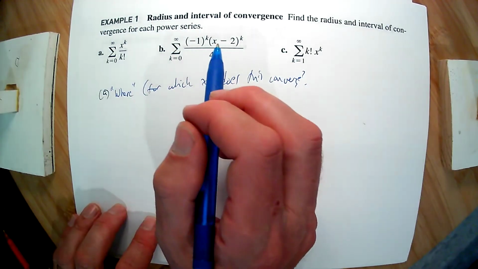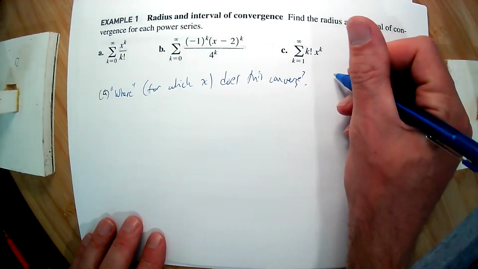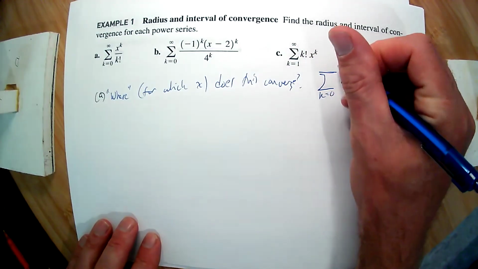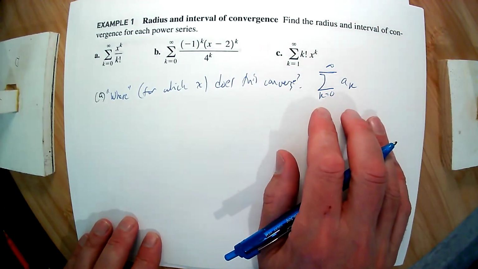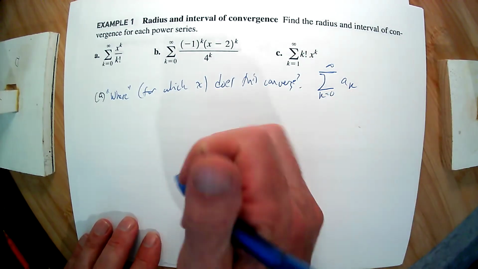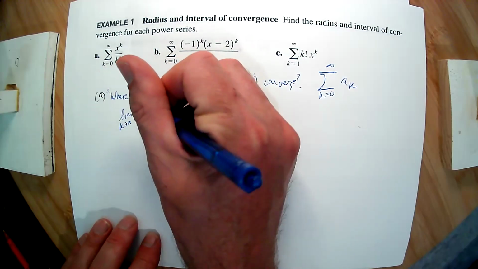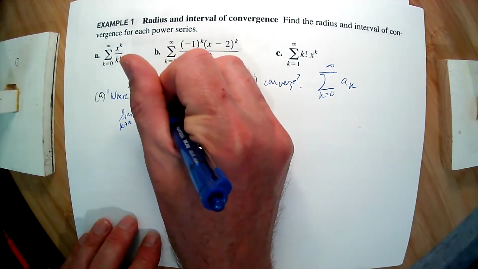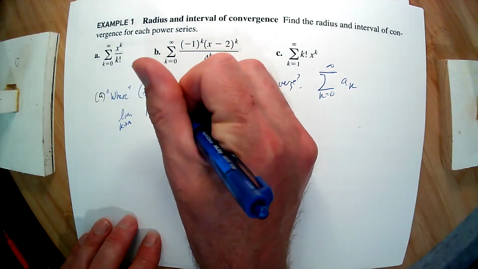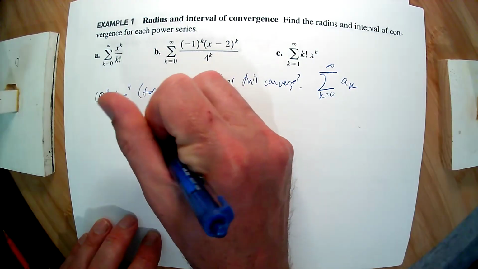Remember when we were looking at a sum like this and we wanted to apply the ratio test. You look at the k plus first term divided by the kth term and take the limit as k goes to infinity. So we take the limit as k goes to infinity of the absolute value of the k plus first term divided by the kth term, x to the k divided by k factorial.